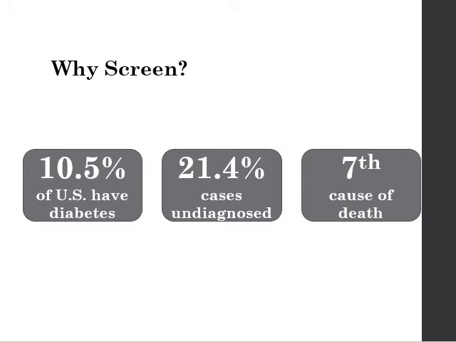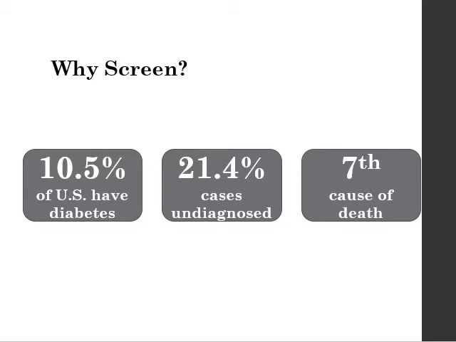According to the Centers for Disease Control and Prevention, about 10.5% of the United States population has diabetes. Additionally, 21.4% of diabetes cases are undiagnosed. And in 2017, diabetes was the 7th leading cause of death in the United States.